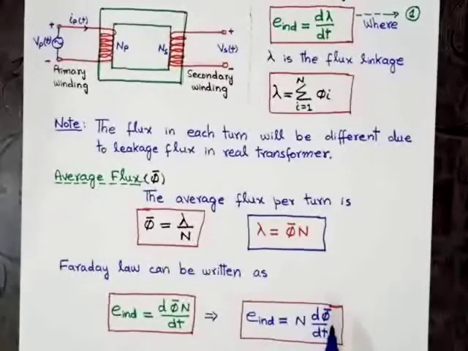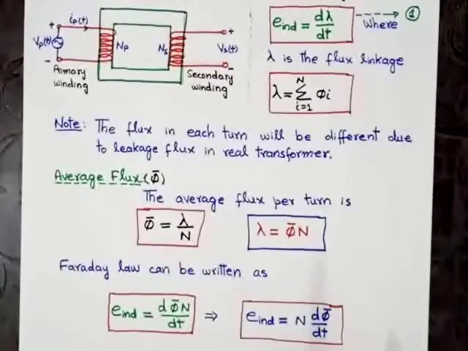Phi dash is basically the average flux per turn. This is not the total flux. It means first of all we will find the average flux per turn, then we will multiply by the total number of turns. So this is the equation to calculate the induced voltage across the primary winding or across the secondary winding of the transformer.